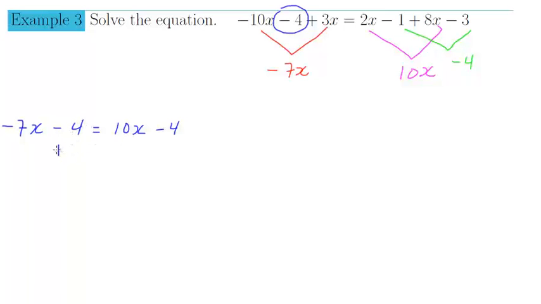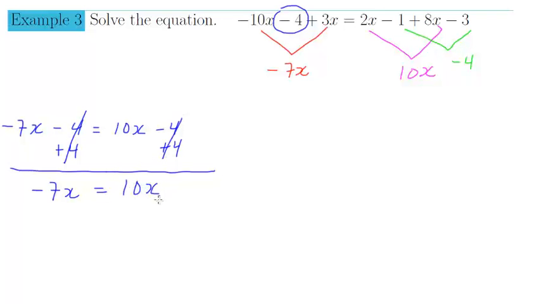So I'll apply my first reverse operation, just to add 4 to both sides. So on the left side, I end up with negative 7x because my 4's go away. On the right side, my 4's also go away, so I'm left with 10x. Now don't be fooled.